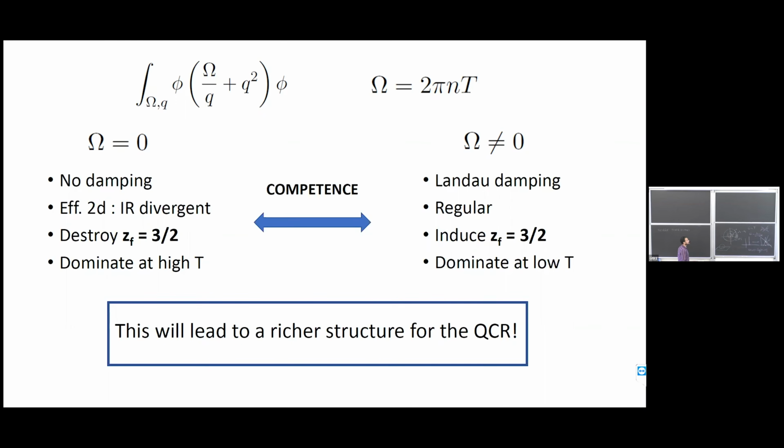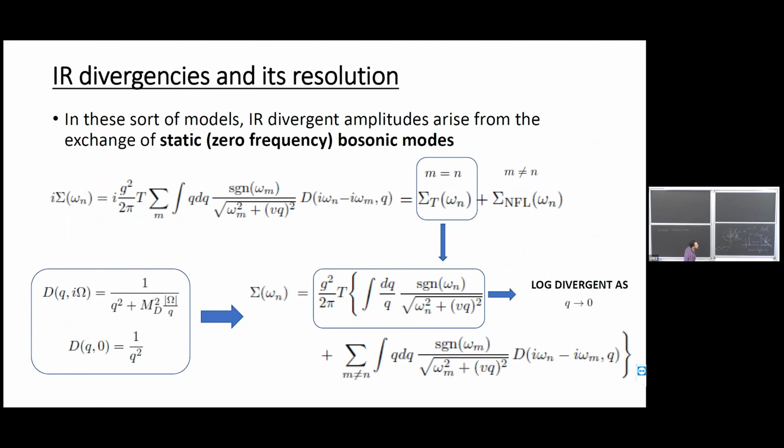Now let's see how it happens in this model. In order to see this, we will split the one loop contribution to the fermionic self-energy into the contribution of static modes and the contribution of the rest. The contribution of the static mode is the new ingredient here. And as we can check, it diverges logarithmically when the momentum goes to 0.